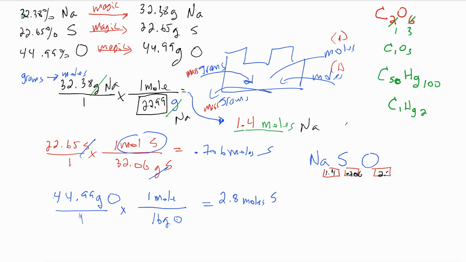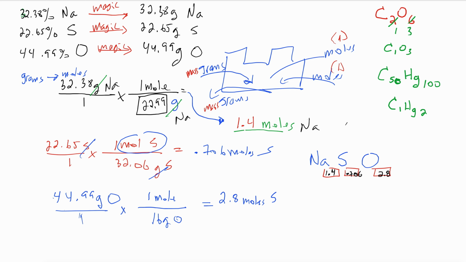Okay. Does that look like a formula to you? You know how water is H2O? Could it be like H.70.3 or something like that? You can't have decimals in your subscripts. All right?